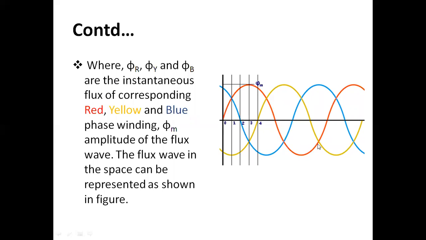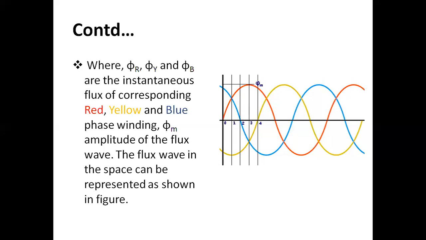It is clear that R is the reference, and the other two, yellow and blue, are 120 degrees apart: one is minus 120 degrees and the other is plus 120 degrees, or minus 240 degrees.